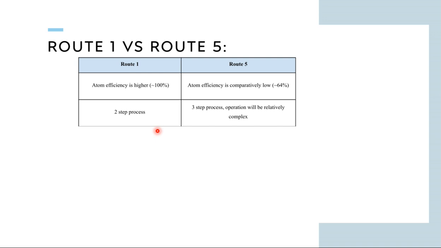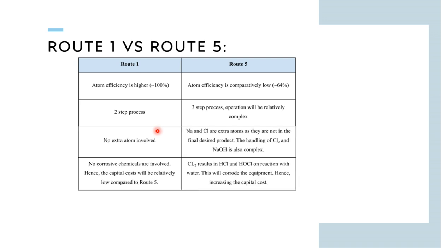Handling one reactor, temperature, pressure, and let's say catalyst quantity is easier versus handling two reactors versus handling three reactors. The higher the number of steps, the higher the complexity to tackle the reactions. So in terms of operation, route 5 will have a more complex operation versus route 1.